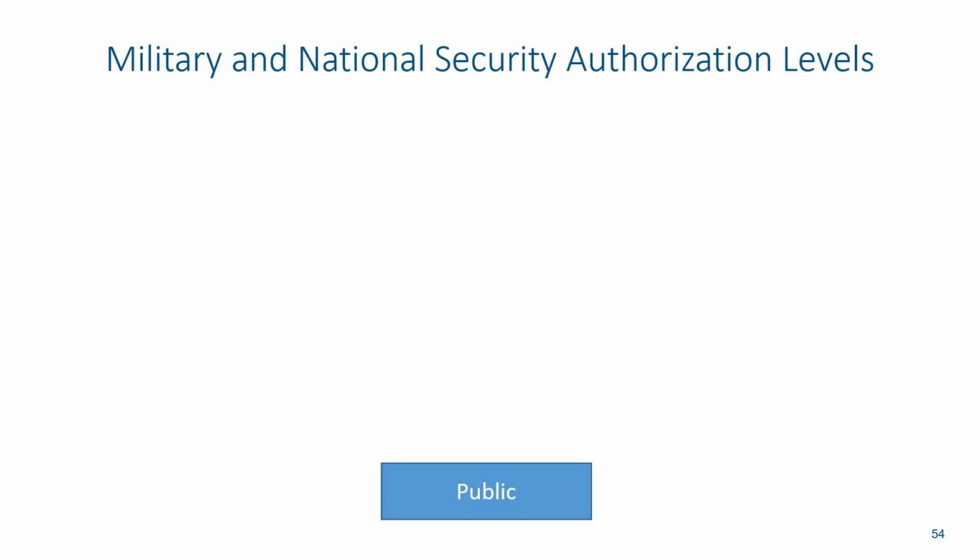To show you what this looks like, here are the different levels or labels that a person could have in military national security. First is public. This is defined as data that is freely available to the public. Then the next level up is unclassified. This is data that is sensitive, but isn't as damaging as other data that's out there.